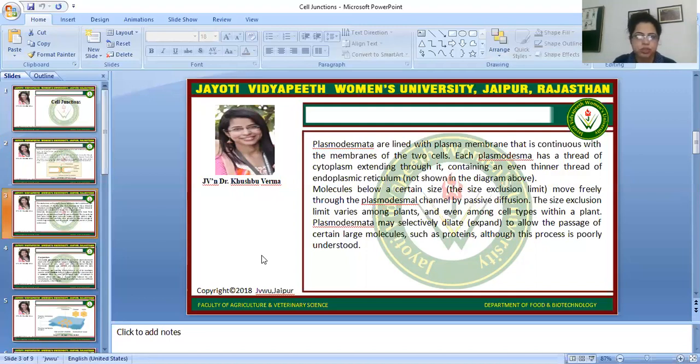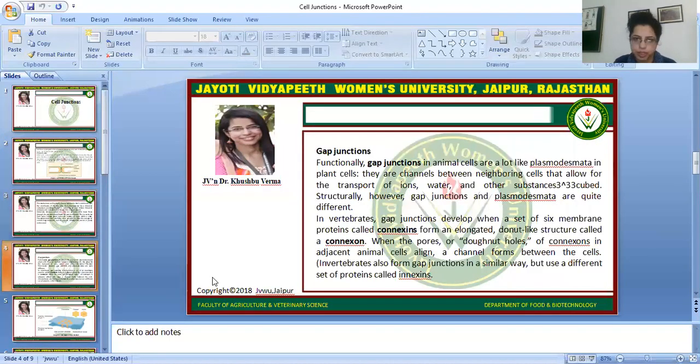The size exclusion limit varies among plants and even among cell types within a plant. Plasmodesmata may selectively dilate or expand to allow the passage of certain large molecules such as proteins, although this process is poorly understood and needs further research.